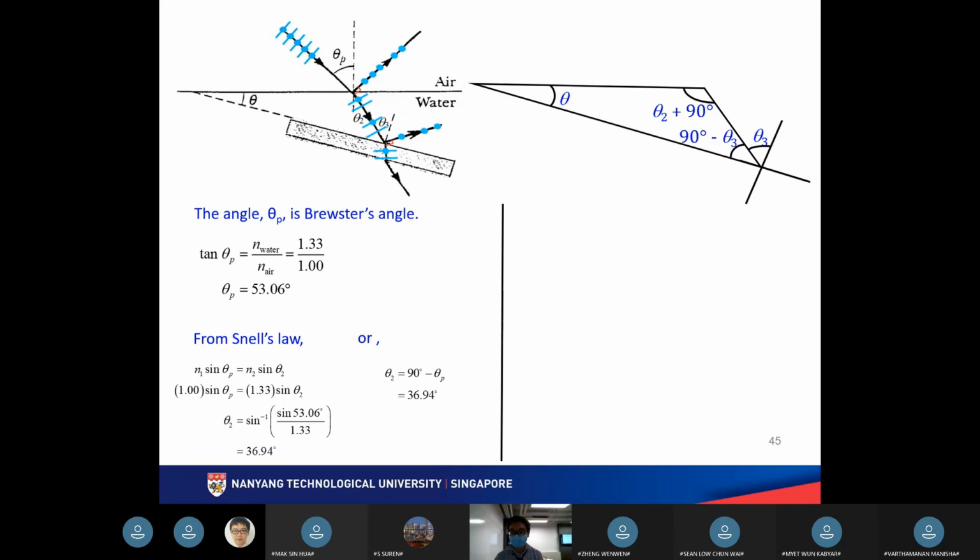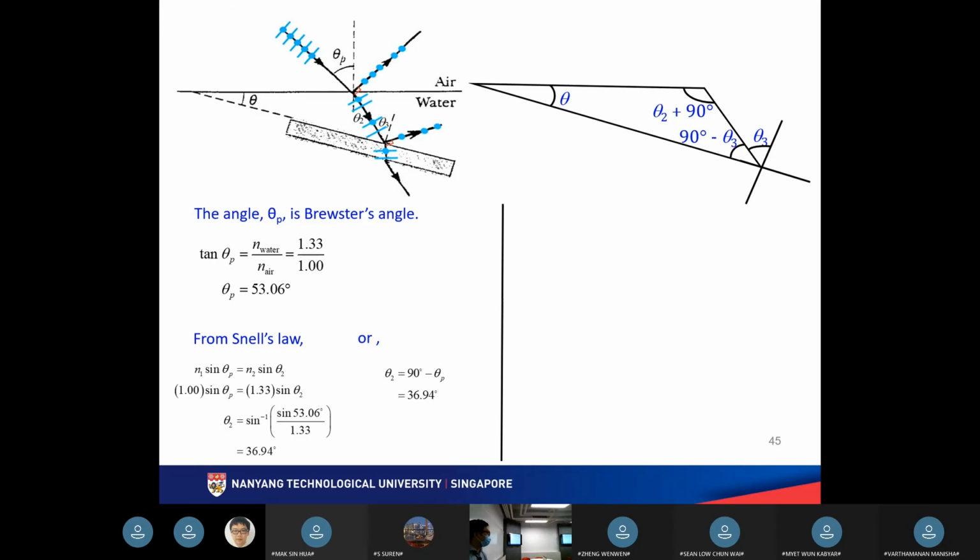Okay, now theta 2 is given. Then theta 3 is also at the Brewster angle. Can you tell me what tangent theta 3 should equal? Is it still n water divided by n air, or something different?